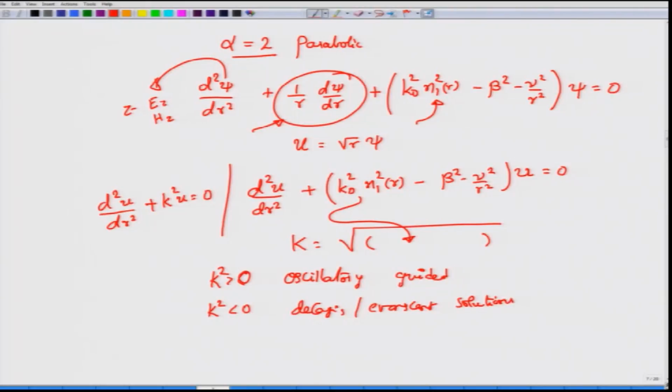Okay. It turns out that not in the entire core will you have the oscillatory or the guided solution, because the condition for k to be greater than 0 means that this term in the bracket has to be greater than 0. And if you simply sketch all those values, starting with say k 0 square n c 0 square, where n c 0 or n 1 square would be the peak value.